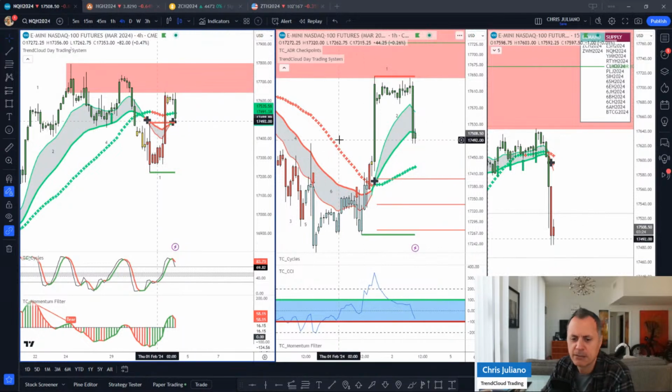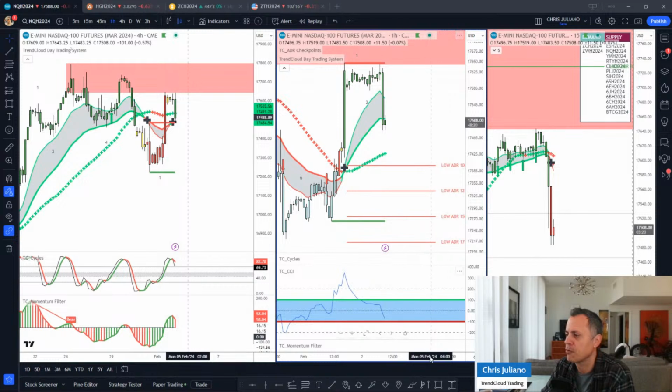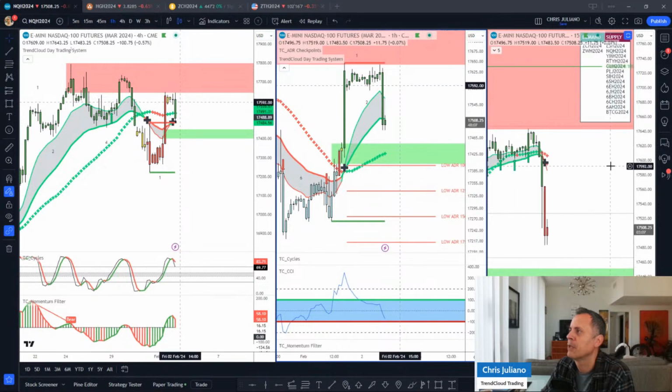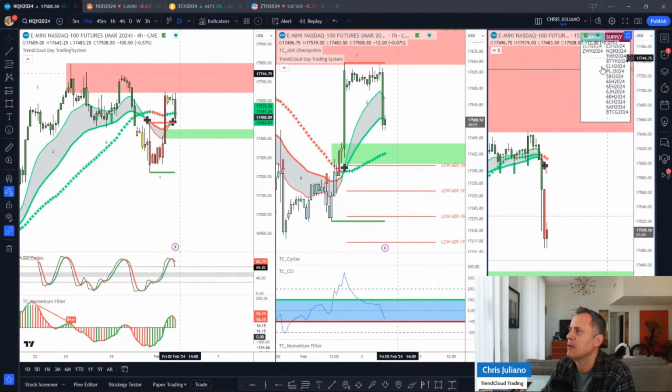We need to start seeing some breaks of structure, right? We've got to break through this 1 hour demand zone here. And yeah, okay, and we did.